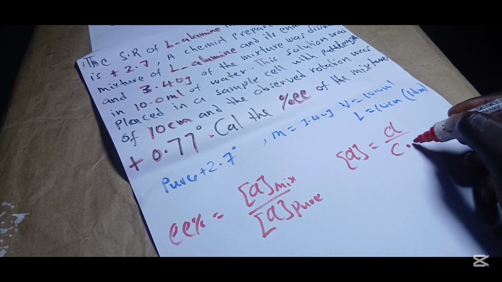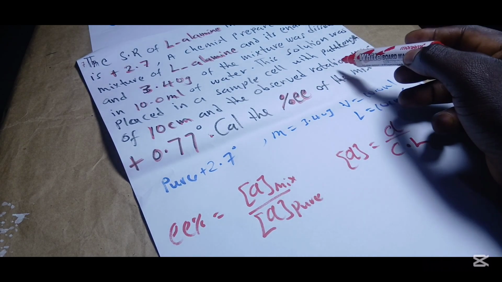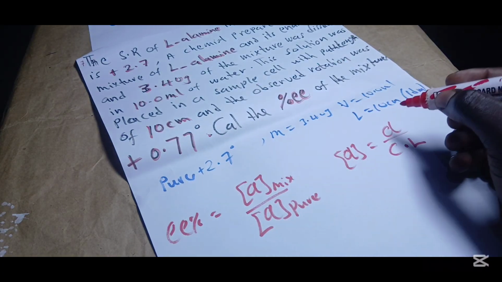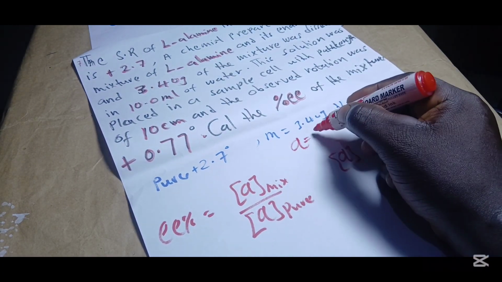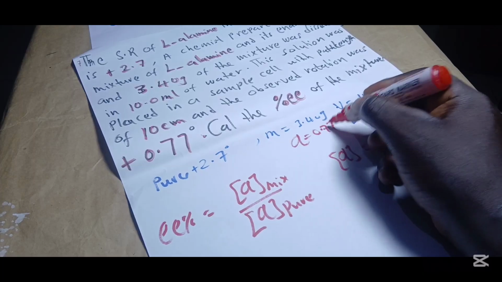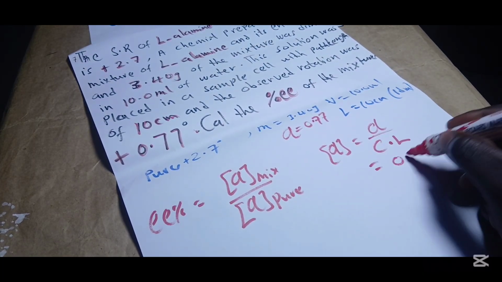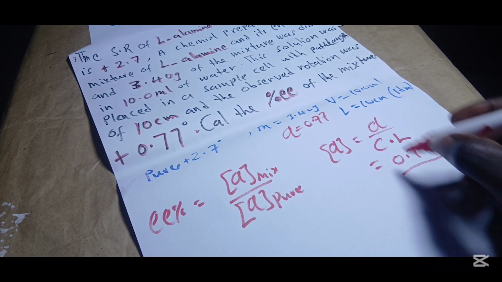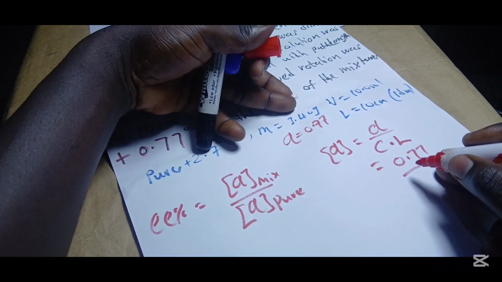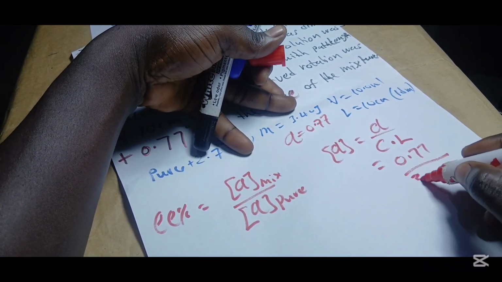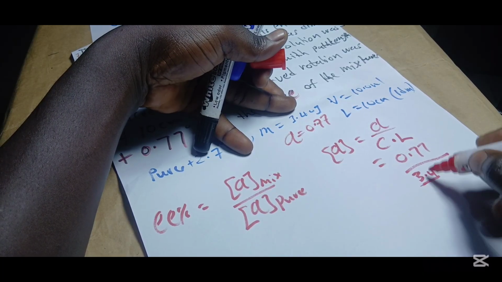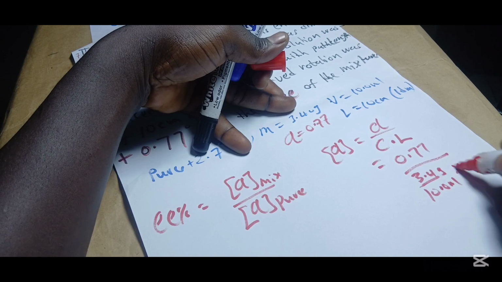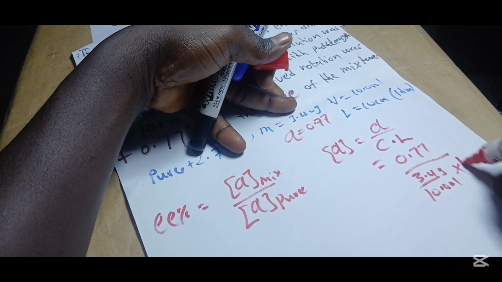over concentration multiplied by L. The chemist got his observed rotation after forming the mixture to be 0.77, and it is positive. So this is going to give us 0.77 over concentration, which is mass over volume. So we have the mass here, 3.4, over volume, which is 10.0 ml, multiplied by the path length, which is 1 dm.